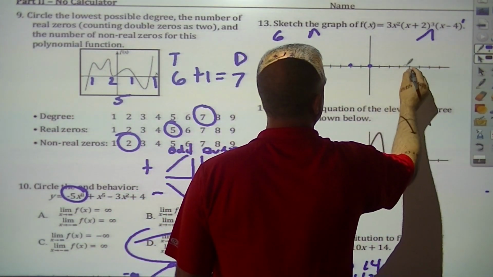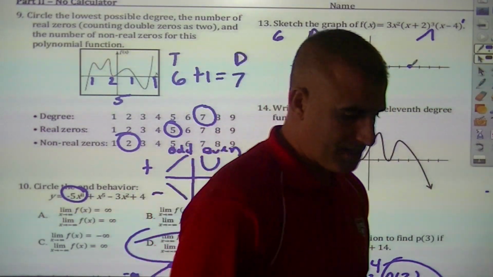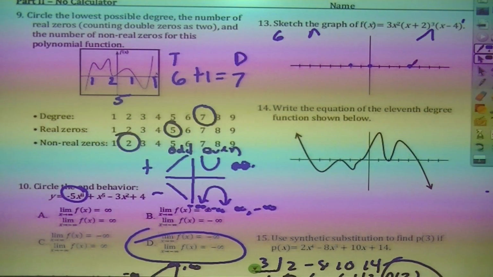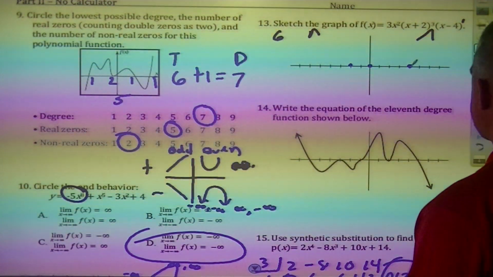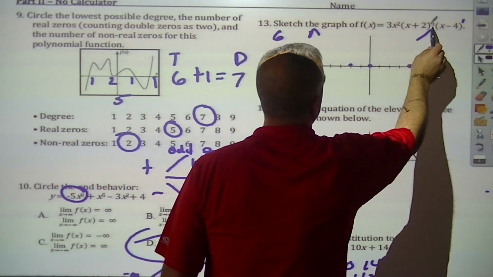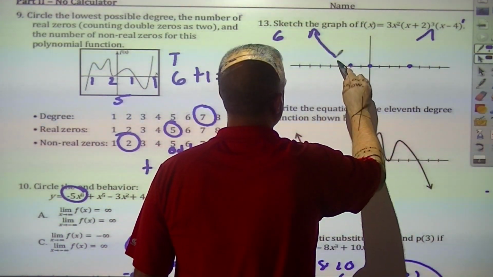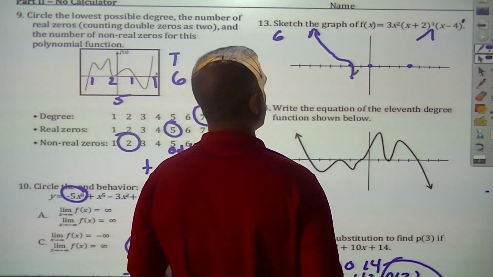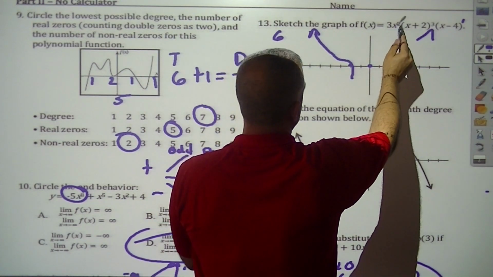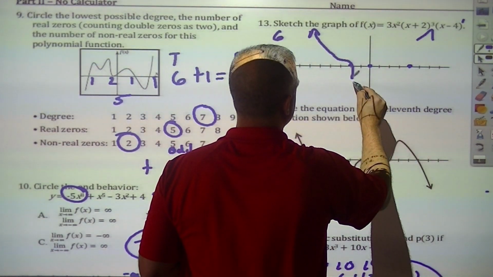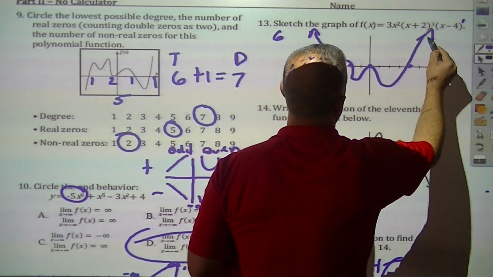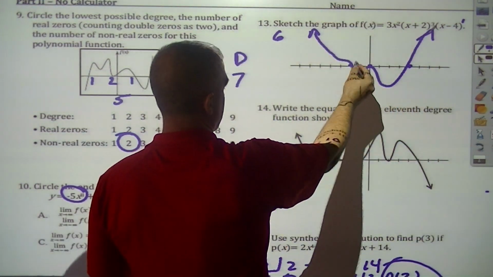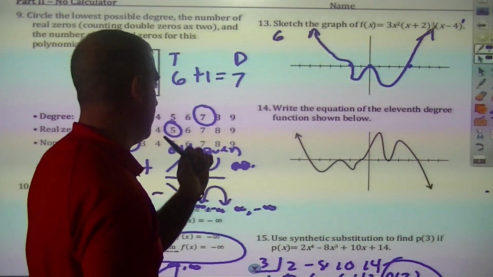This solution here would be a touch at 4. Make sure you guys can see that. Yep, great. So at negative 2, this is going to go through, and when you get to here, it's going to almost make that cube look. At the squared, or at the x, it's going to turn, and then this one will just shoot on through to that arrow. So you make the little cube deal, like that.